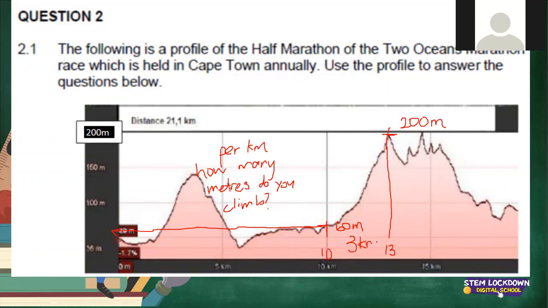So in 3 kilometers, you are climbing a distance of 200 minus 60. That will give you, I think, 140 meters.